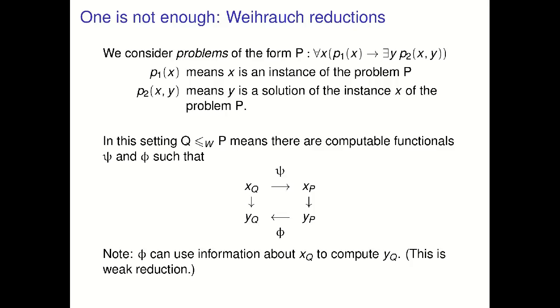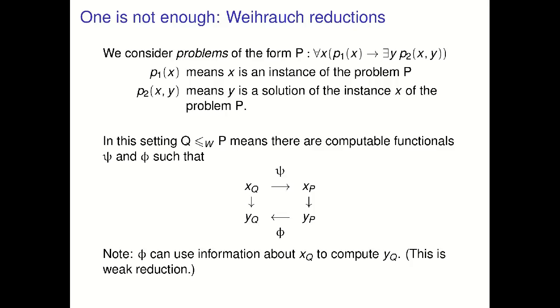I have these functionals psi and phi, and the idea is that if I take a problem of the Q sort, then psi is going to turn it into a problem of the P sort, so that if I take any solution to that problem, I have a way, uniformly, computably, to go back to a solution of the Q problem.